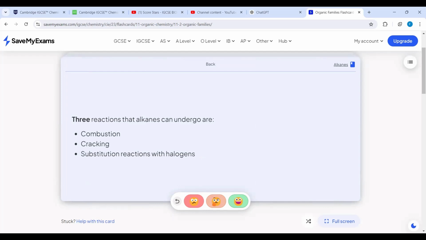Cracking. For combustion, you need the presence of oxygen. For cracking, you need a catalyst, and you also need the temperature to be between 600 to 700 degrees centigrade. There is the substitution reaction with halogens where the condition is UV light.